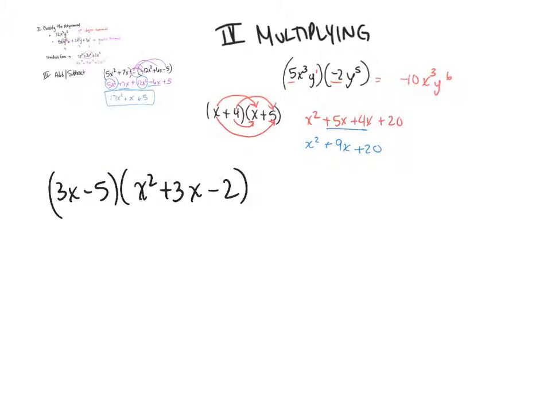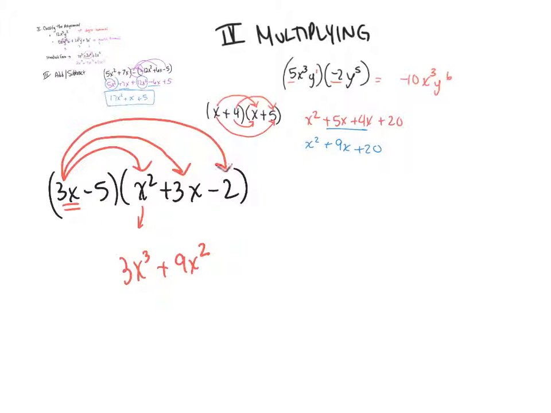So I would take this one, and I would take the first one, and it's the same method as with FOIL or as with the distributive. You take the first term of the first parentheses, multiply it, and you get 3x to the third. Then you make sure you distribute that same number to the 3x, so that's 9x squared. Then you go to the 3x times negative 2, and you get negative 6x.